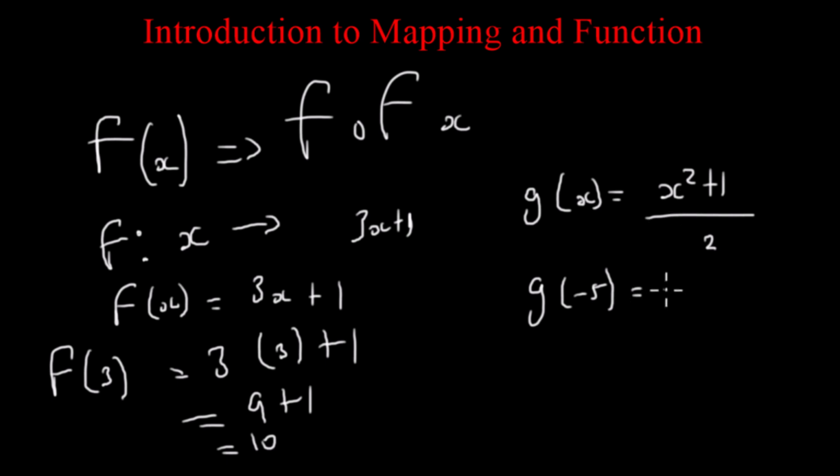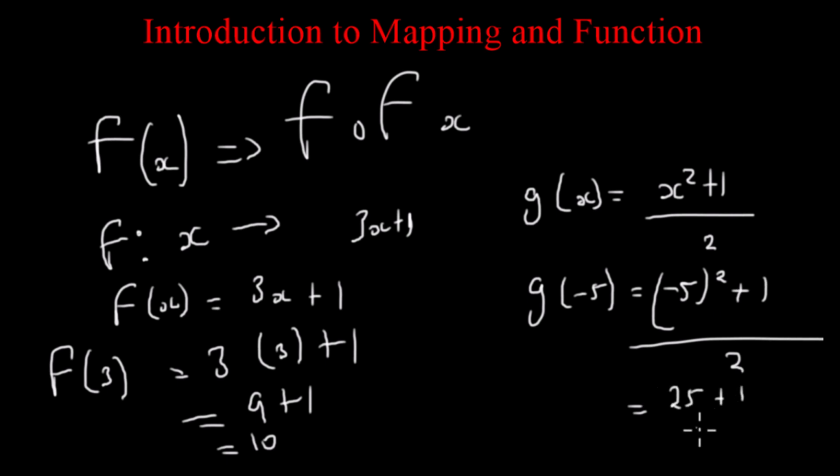So if I do that, then I have minus 5, again, everything squared plus 1 all over 2. Okay, so minus 5 squared, that should simply be 25 plus 1. And 25 plus 1 over 2 is simply 26 over 2. And that gives us 13. So this is how we substitute values inside a function.